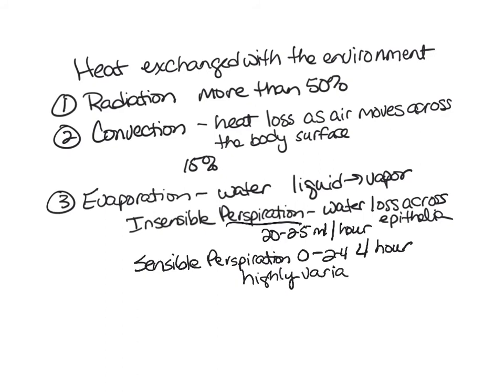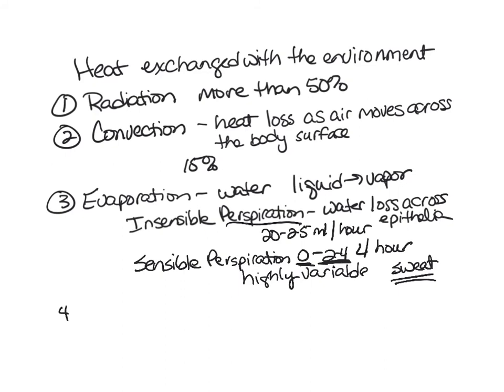That's what I mean by 0 liters per hour or 2 to 4 liters per hour, right? So an example of sensible perspiration is sweat. Of course, sweat is going to increase when you're more active or when it's really hot out, and then you'll get towards that higher range. And if you're not doing any activity and not too hot, then you're going to be losing about 0 liters per hour of fluid that way.